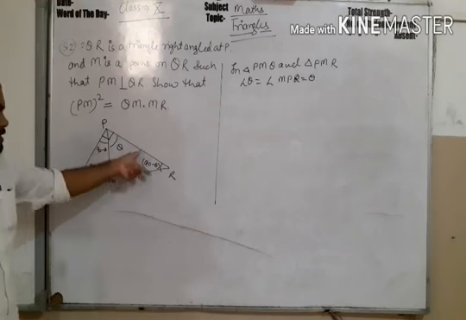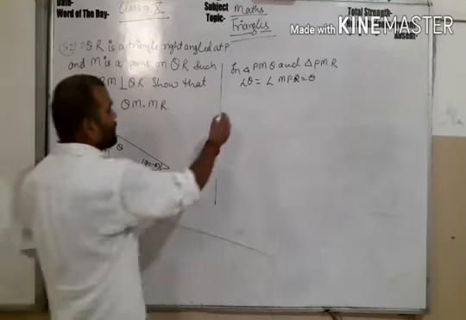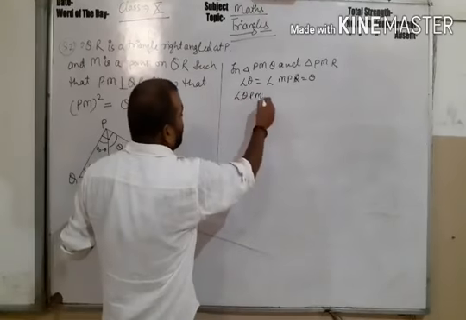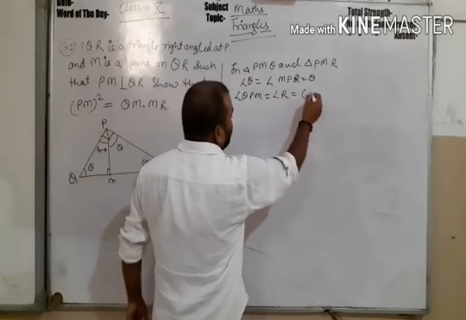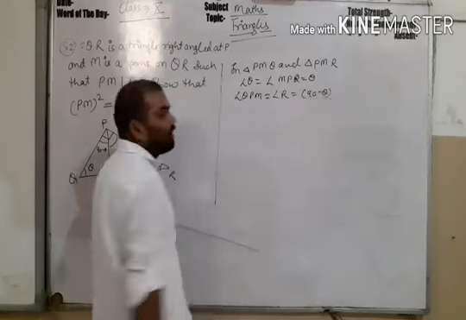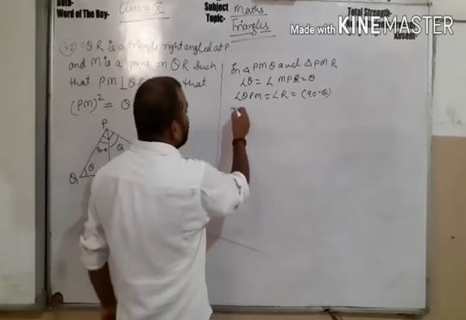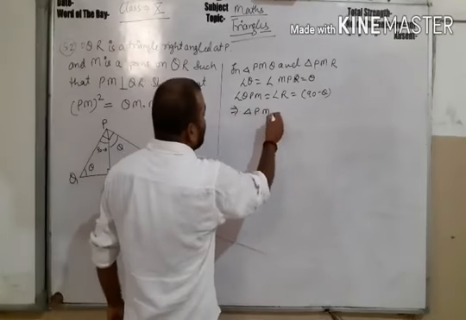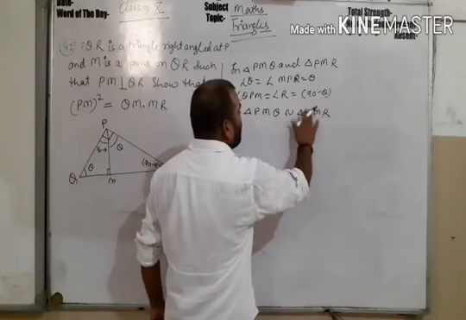Similarly, these two angles are 90 minus theta, that is angle QPM is equal to angle R, which is 90 minus theta. Now two angles are equal, that means triangle PMQ is similar to triangle RMP.